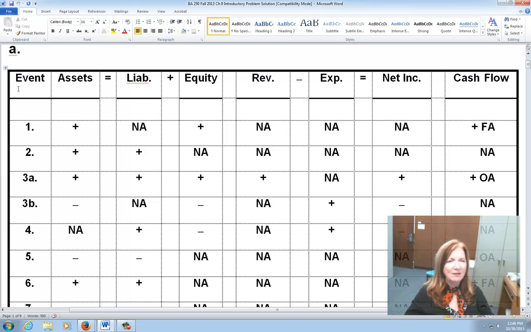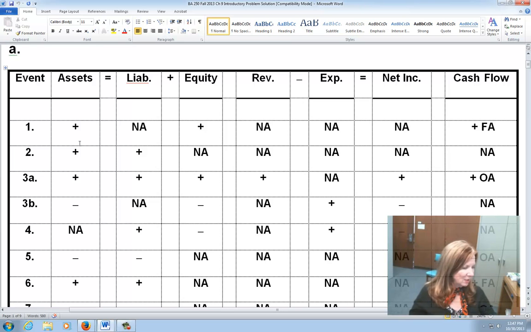When we do this analysis, which we've done since Chapter 1, we're saying whether these elements, assets, liabilities, owner's equity, revenues, and expenses, are going up or down. And then, if they're going up, is that a debit or a credit? That's the next step in working with these. So you need to know what kind of account it is, what element it represents, and whether it is going up or down.